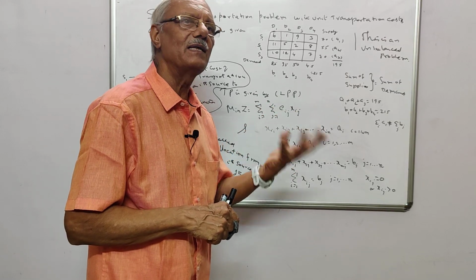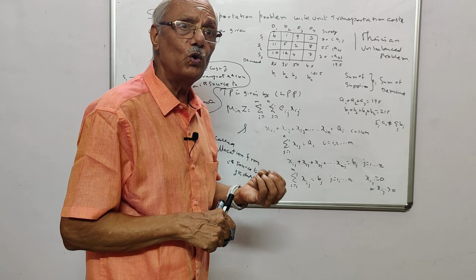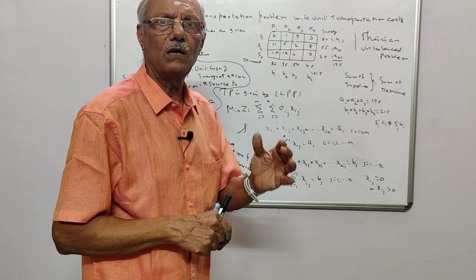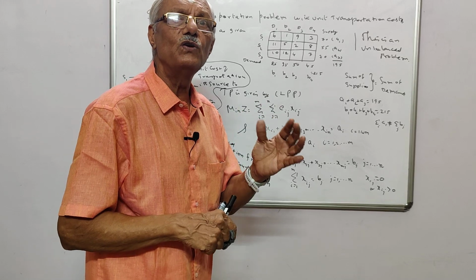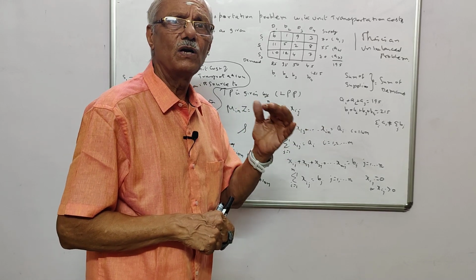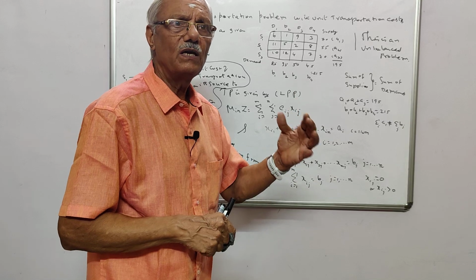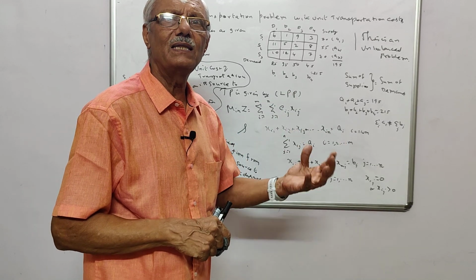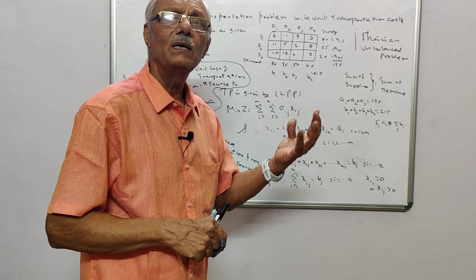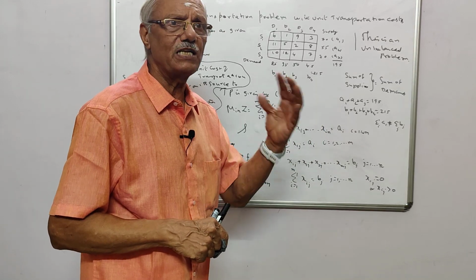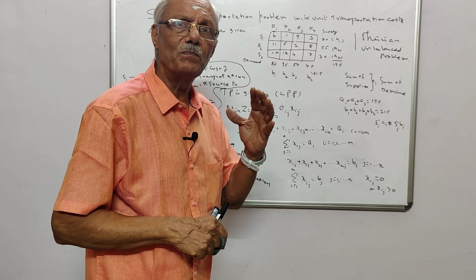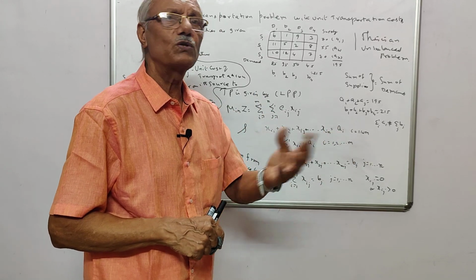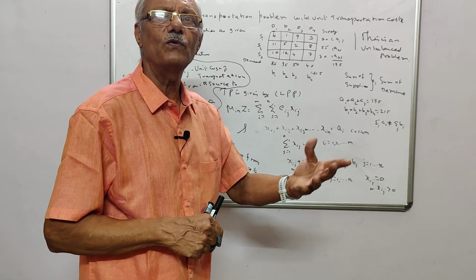But even that cannot be taken as the minimum cost. We use another method called the Modi method, by which we get the optimal transportation cost, that is, the least cost possible. I will teach you the method of doing it.